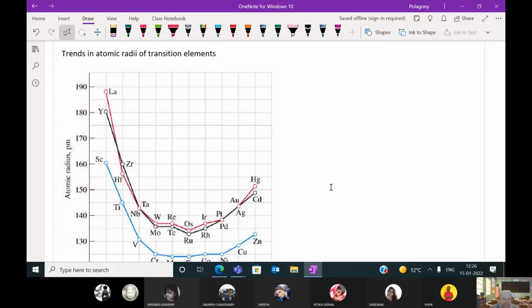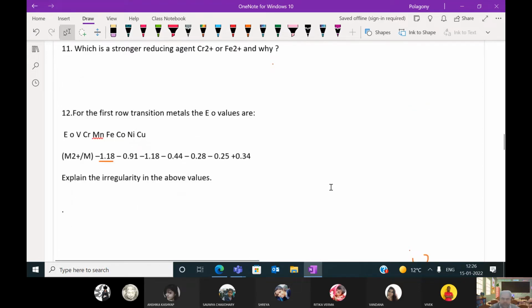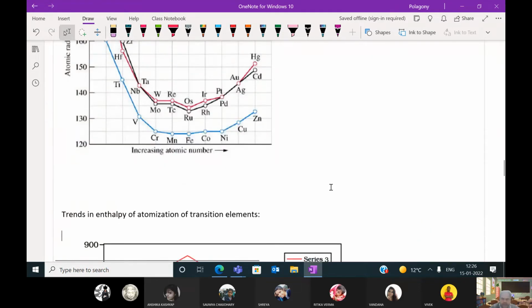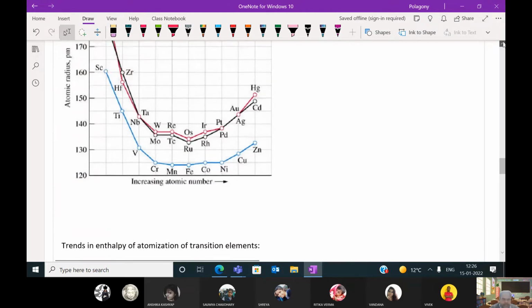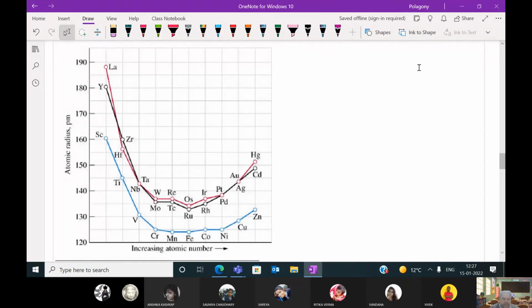Particularly trends in atomic radii of transition elements. From this, there is a possibility of one question. What questions are possible from this?